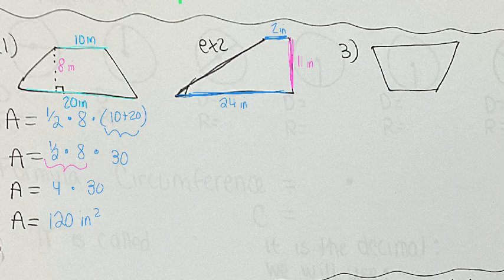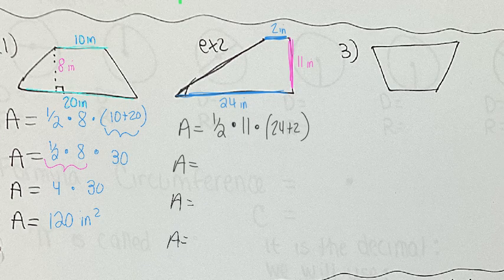We need 4 lines. 1, 2, 3, 4. Okay, see if you can figure out what the first line is going to say before I write it. Can you figure out the height and the two bases? So we're going to write 1/2 times the height is 11, times parentheses 24 plus 2 or 2 plus 24.